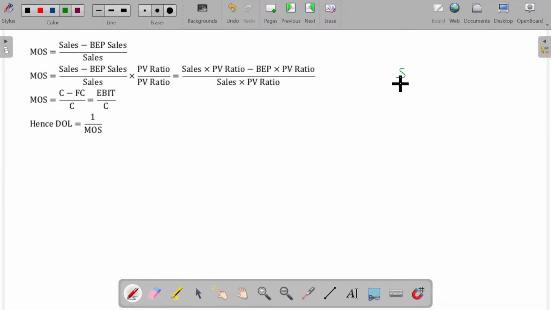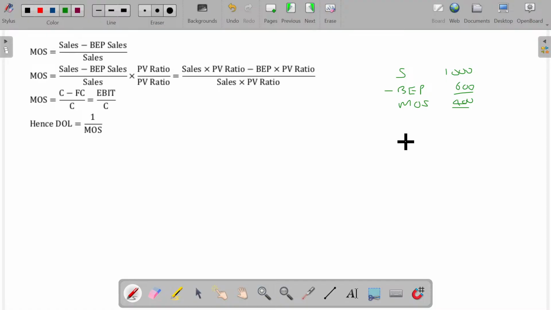Sales being 1000, total sales, BEP sales being 600, then margin of safety should be 400.